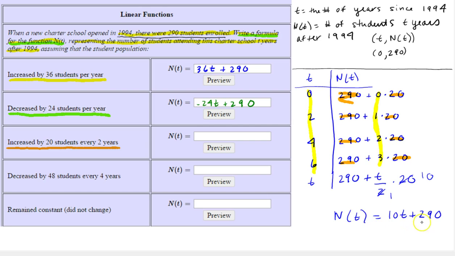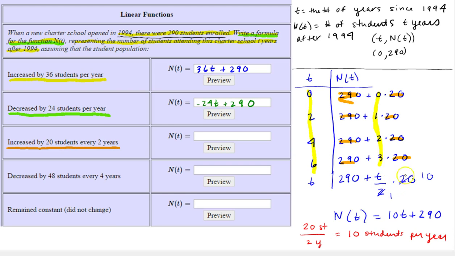And the reason is I wanted to show you a pattern. So notice here it increased by 20 students every 2 years. So 20 students, I'll put ST for students, every 2 years. Well, 20 divided by 2 is 10 students per year.